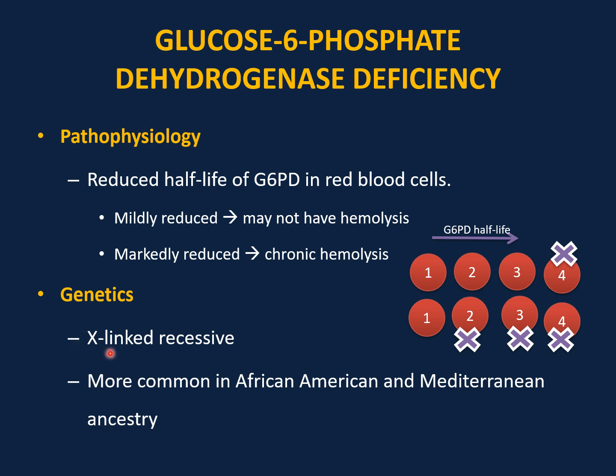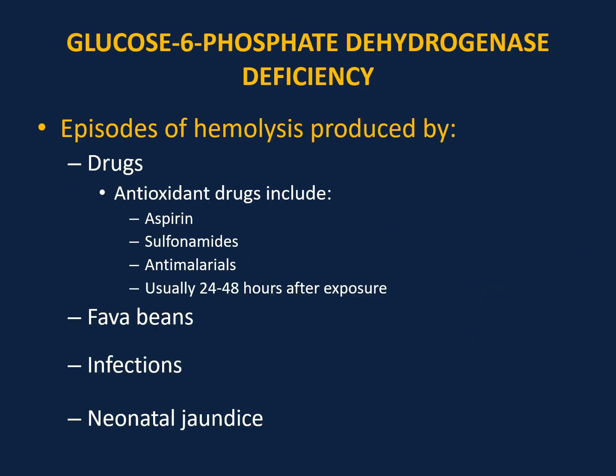The genetics is X-linked recessive, so it presents in boys and the girls are carriers, more common in African American and Mediterranean ancestry. Episodes of hemolysis can be produced by oxidant drugs including aspirin, sulfonamide, antimalarials, and usually present between 24 and 48 hours after exposure. Fava beans, especially in Mediterranean patients, infections, and neonatal jaundice by itself can also induce hemolysis.